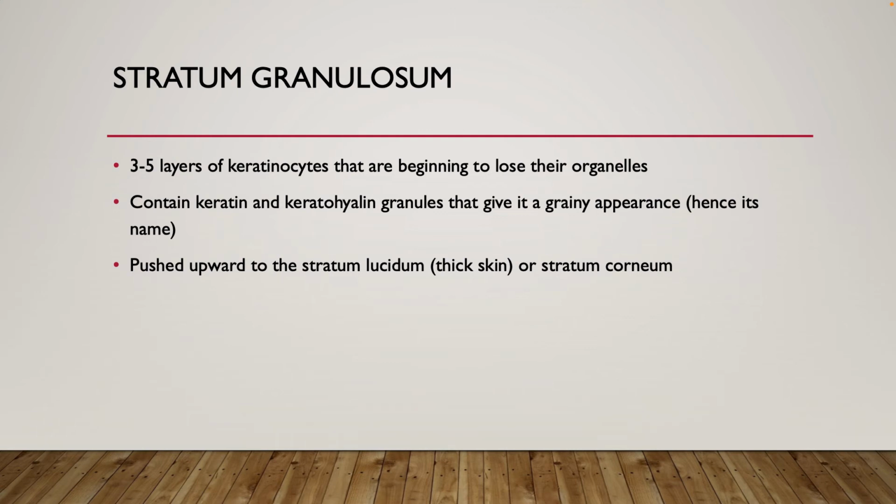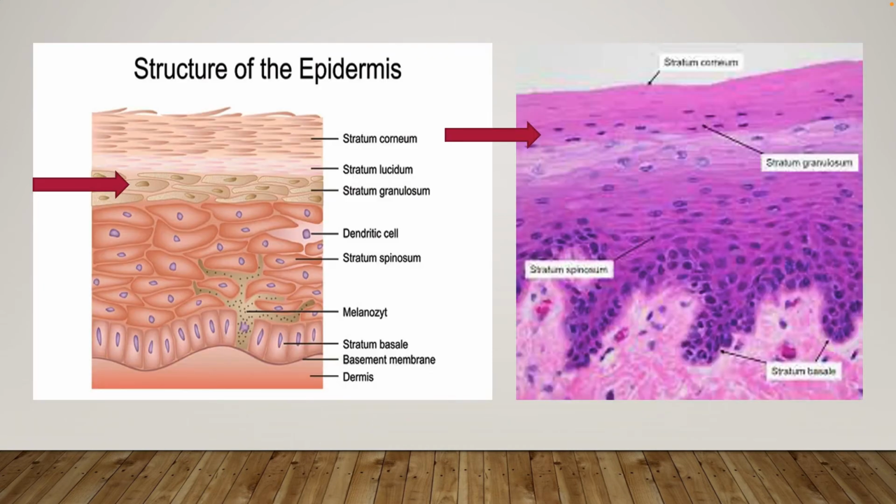So here you can see our granulosum. Can't really tell that these have the granules in this picture, nor can you really tell it over here, but in certain micrographs and certain histological pictures, you'd be able to see a more grainy appearance.